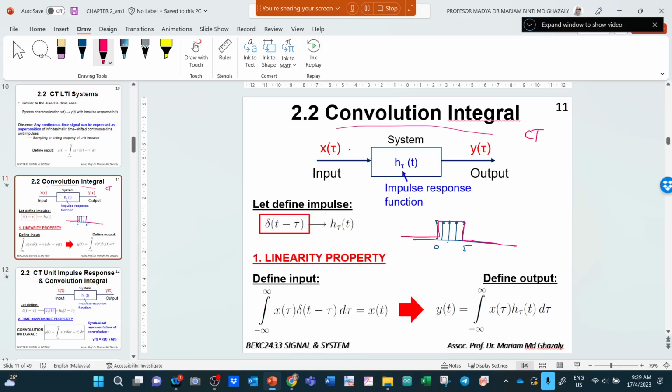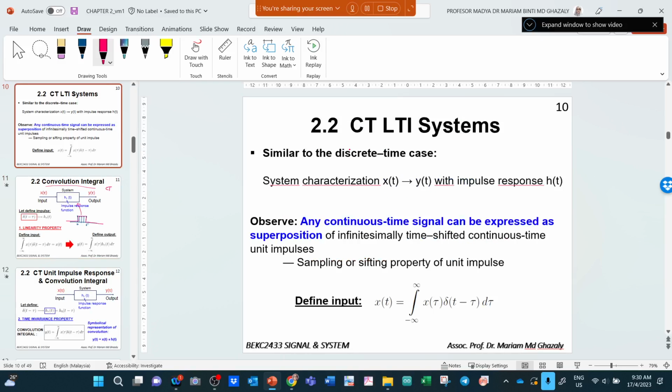That's why the impulse response is defined as a combination of impulses. The observation here is that any continuous signal can be expressed as a superposition of an infinity of time-shifted continuous signals. This is the definition of the output. So x(t) is the integration, this is for continuous time, of x(tau) multiplied by delta(t minus tau).